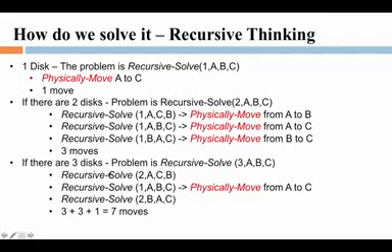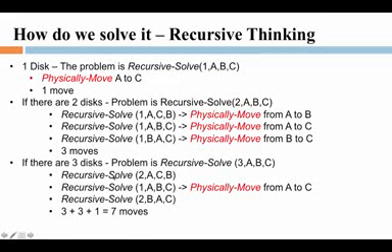So now you recursively solve the case when you have two disks to move from A to B via C. So therefore, A is now considered as the source tower, B is the destination tower, and C is the intermediate tower. Observe that this is a recursive step.